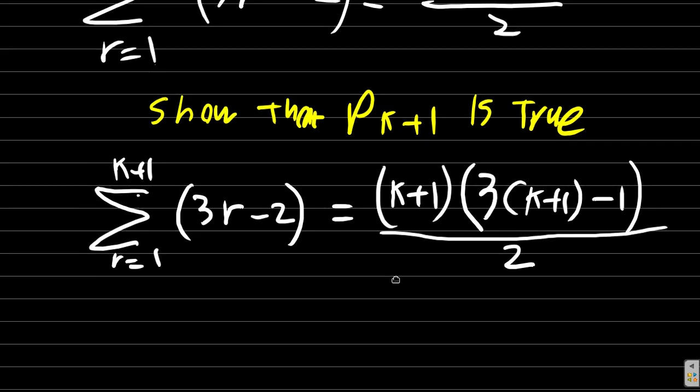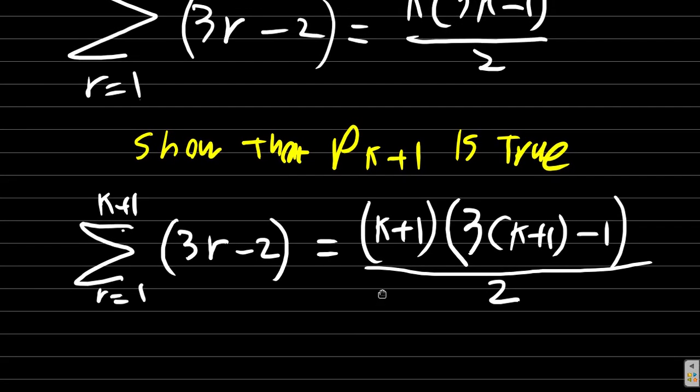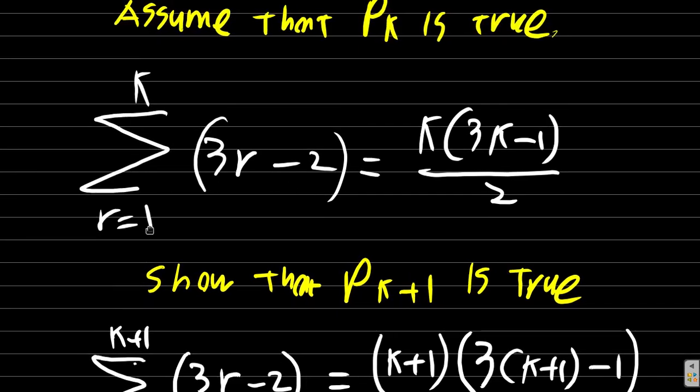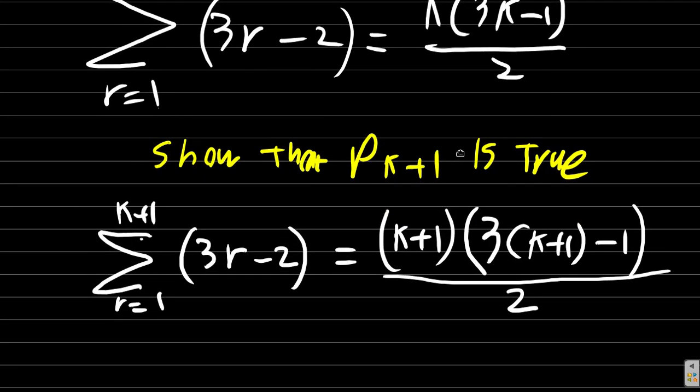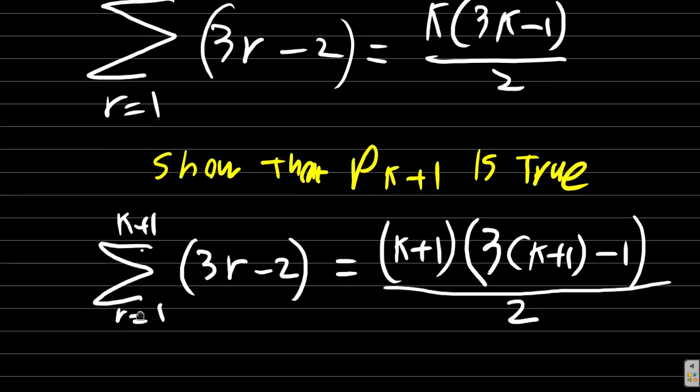Alright, now the next thing, this will always happen in a situation like this. You had r equal 1 to k of 3r minus 2. And it looks like this. Problem is, you have r equal 1 to k plus 1.